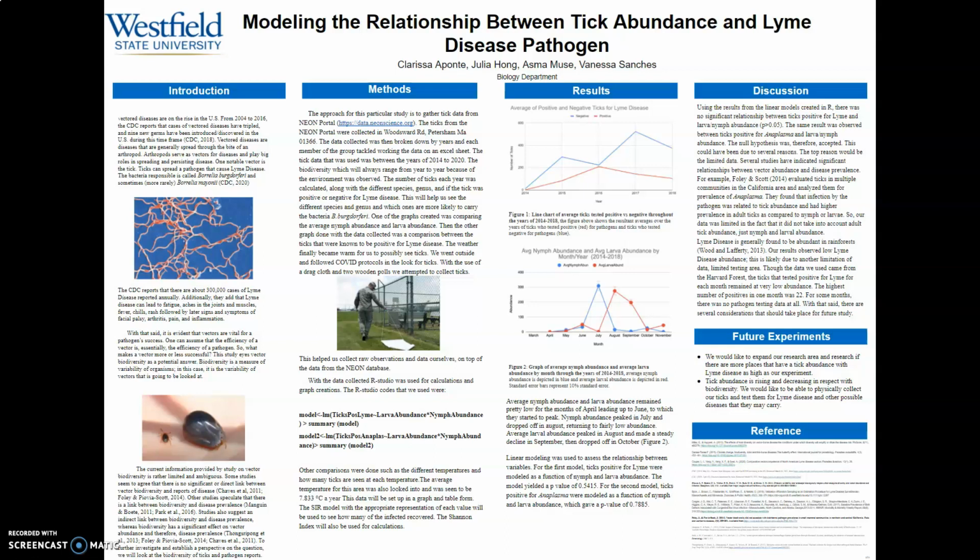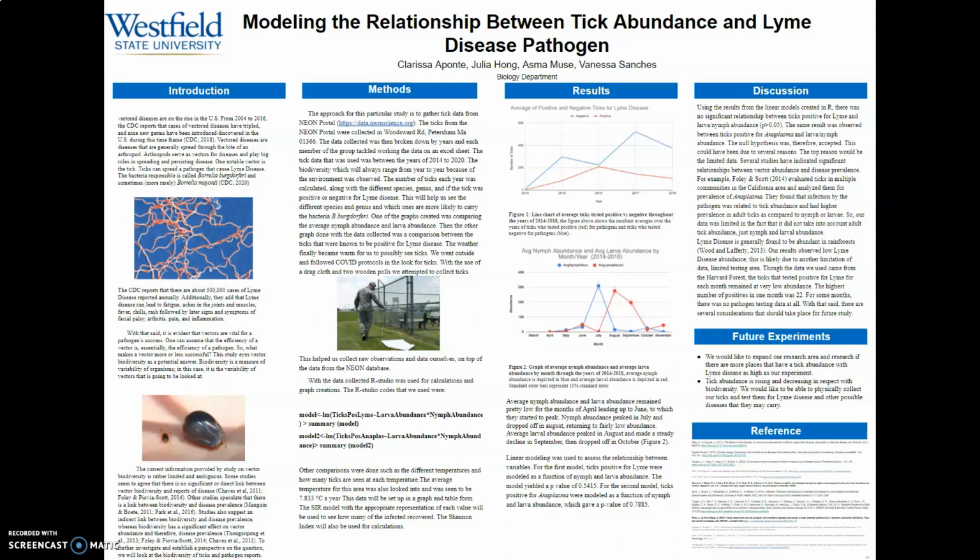We looked at the number of ticks counted each of those years and the different species and genus of ticks as well. Then we broke down, for each year, how many ticks counted were known to be positive for Lyme disease, which means they would have the bacteria known for it, and we compared it to the ones that were negative for Lyme disease.